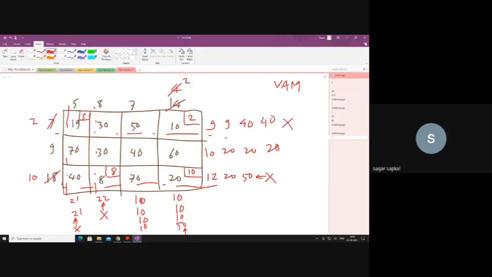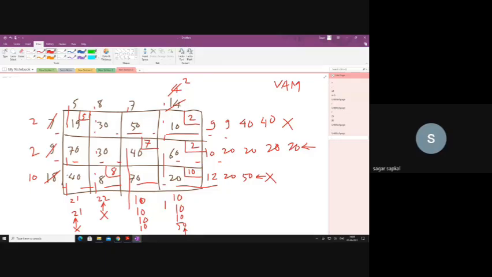Then for all other columns penalty is not possible, only this row is possible. So here we have to make the allocation. 40 is the minimum cost cell, 7 is the maximum value which we can allocate, so that this column will be over and 2 will remain. Then only one cell is remaining which is not crossed or not occupied, that is 1 4 2 4. Here 2 is the maximum possible allocation, so that the row and column get crossed and everything will be over.